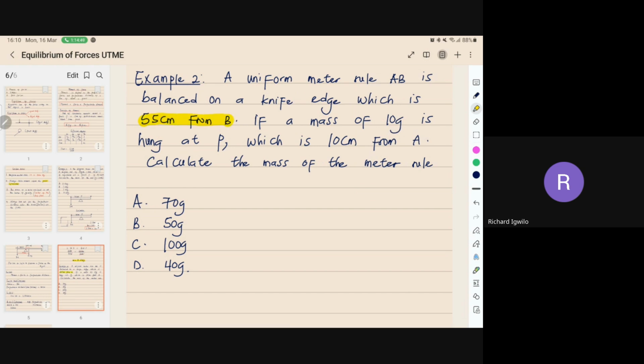They said it is 56 from B. Then if a mass of 10 kg is hung at P. You said 56, but you wrote 55. I keep saying 56. Yes, but you wrote 55. So which one are we going with? Sorry, 55.